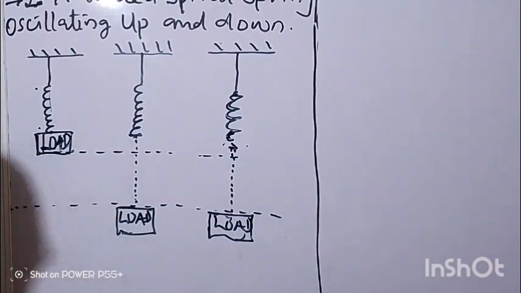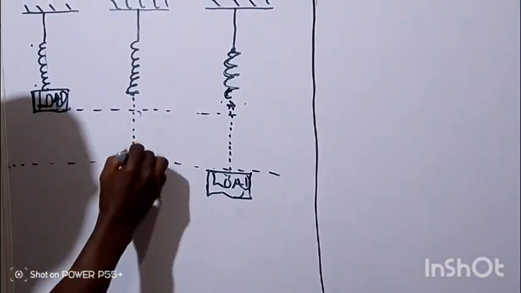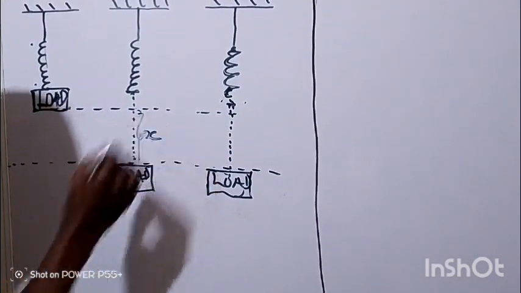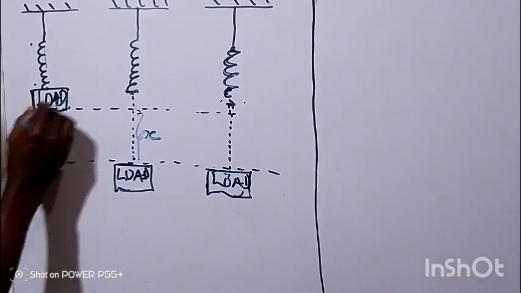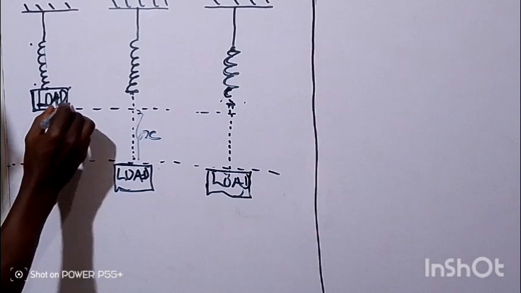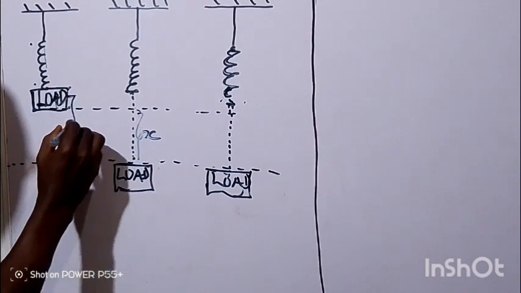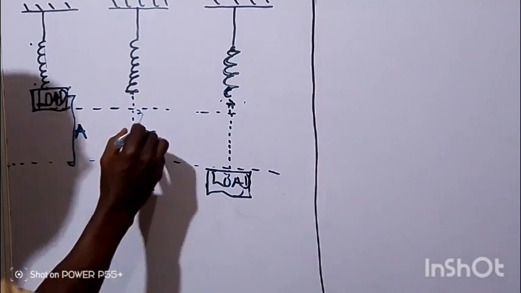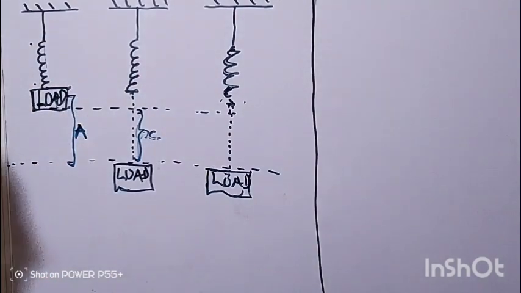From here, the displacement, let's call it x. And the maximum displacement, which is the amplitude, from this place to this place, let's call it A. And from here to here, let's call it S, which is displacement.